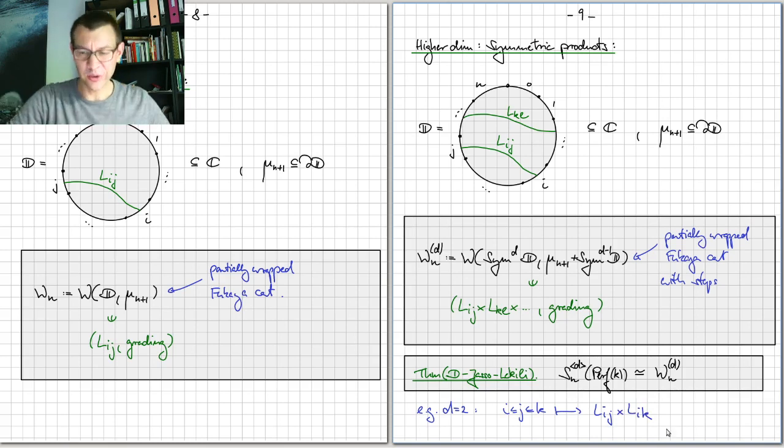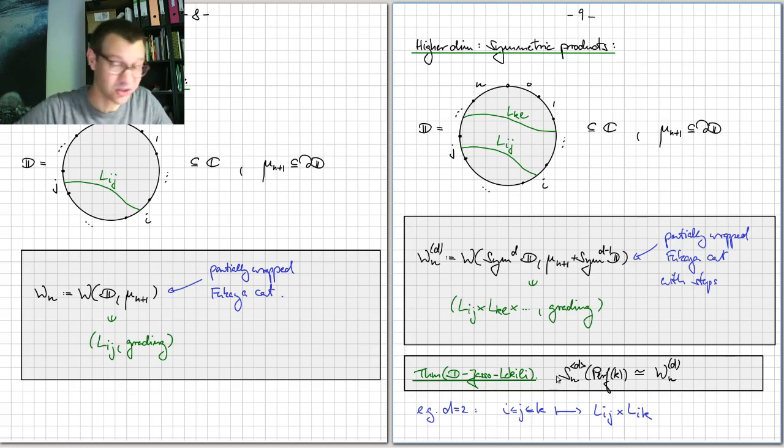Without knowing what this category is, you can just think of it in terms of the S construction. In other words, it's just a way of thinking of the S construction, or this cell of the S construction, in a geometric way in terms of these product Lagrangians in the disk, which I think of as defining Lagrangians in the symmetric product.